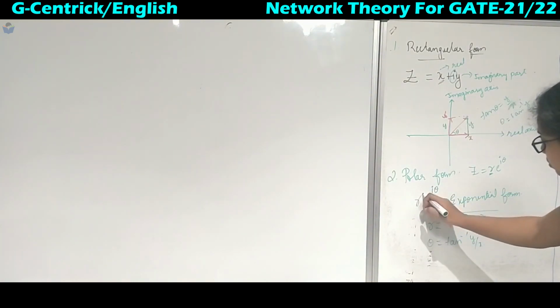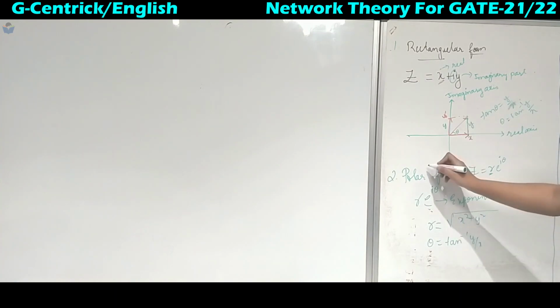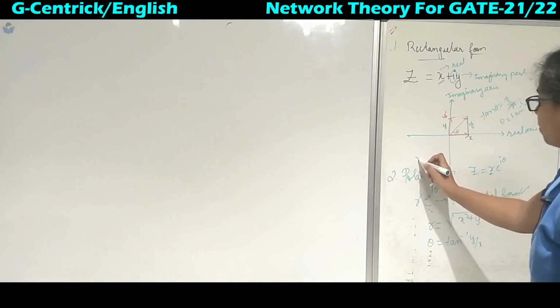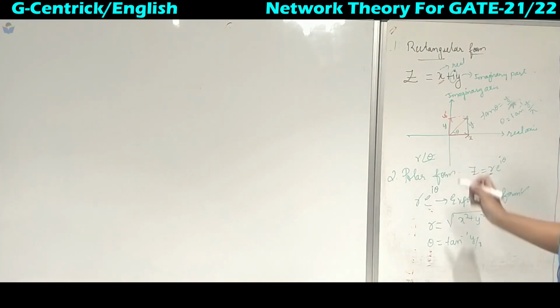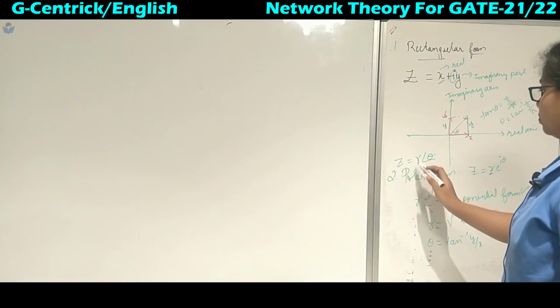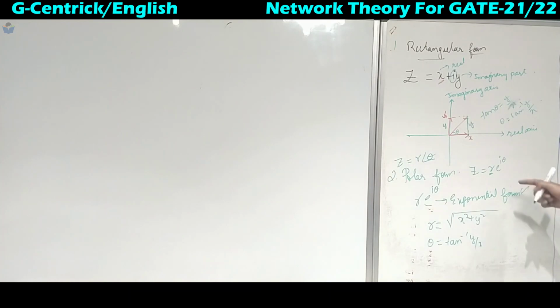So this is the representation of the exponential form. In polar form, we just write the magnitude with the angle theta. So both are the same. Now how do you expand this one? E power j theta is nothing but cos theta plus j sin theta.